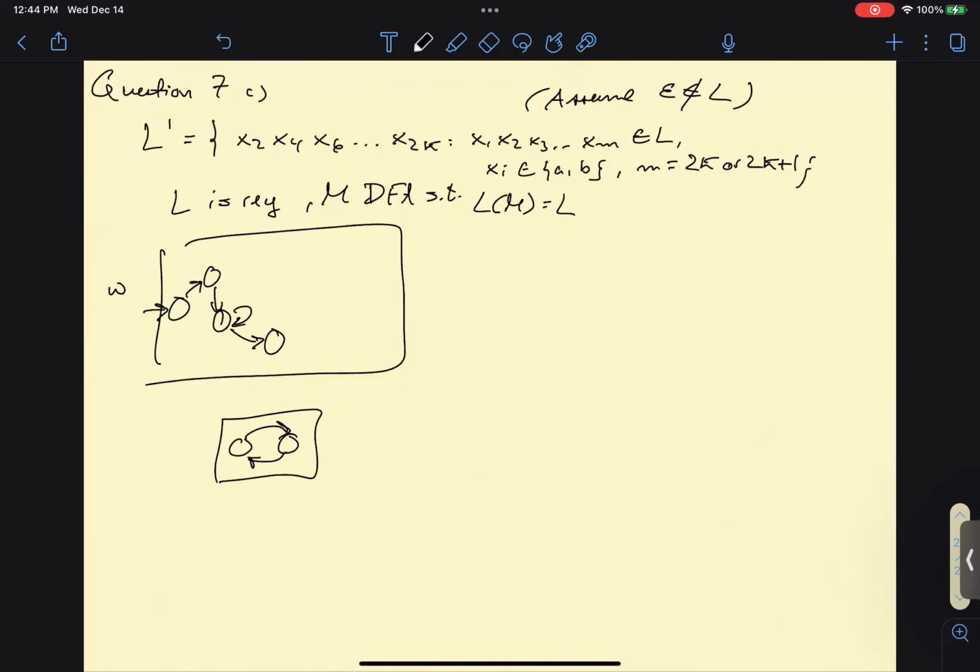You know that your string always starts at an odd position. Then you read a letter, and once you move to the next position, you go to the state that represents being in an even position.